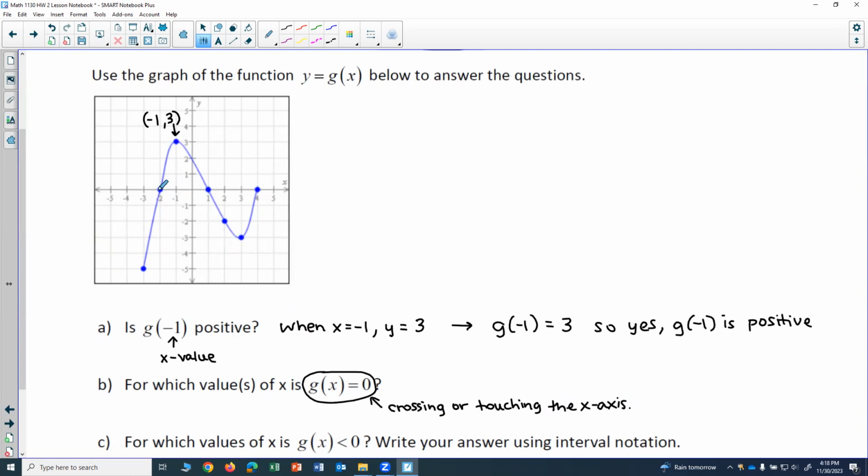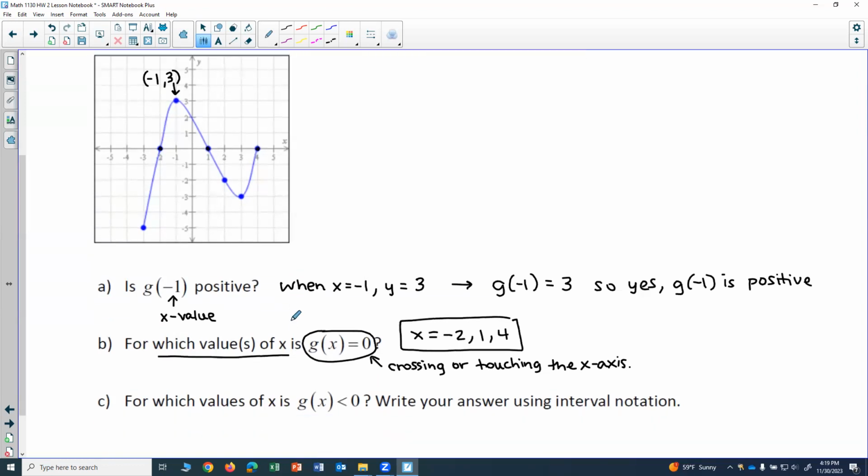So I'm going to look at this point, x equals -2, x equals 1, and x equals 4. Those are the 3 points where the graph is crossing or touching the x-axis. So x equals -2, 1, 4. Those are the places where my graph is on the x-axis. And notice it said which values of x. So I'm answering in x values there.